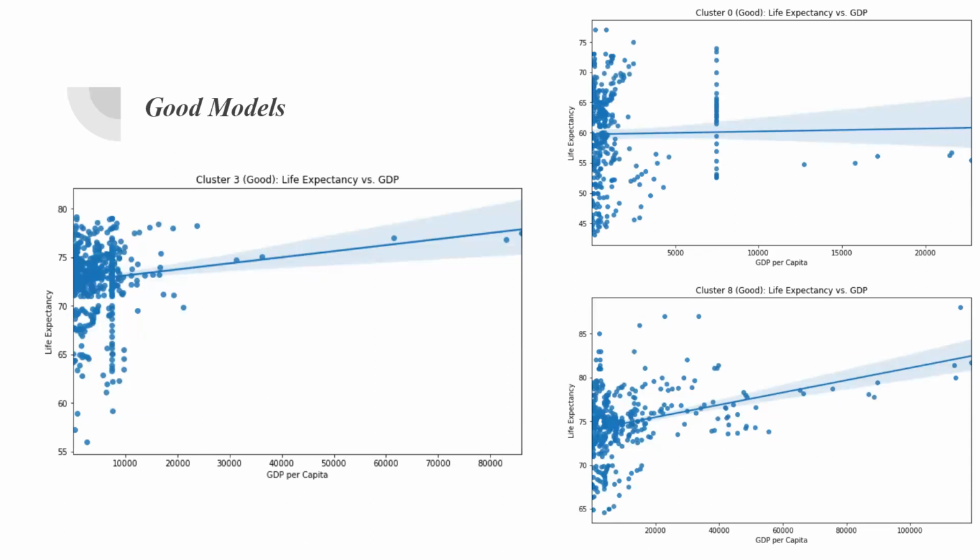As an example, some of those good models I was talking about would be ones with high R squared values and low mean squared error values.